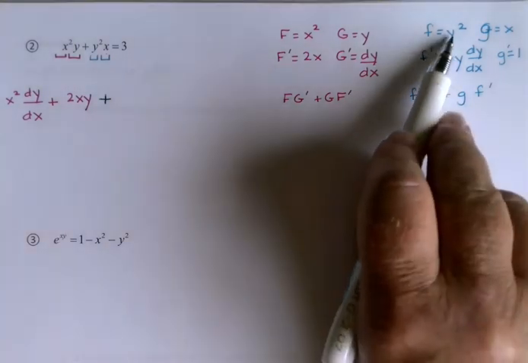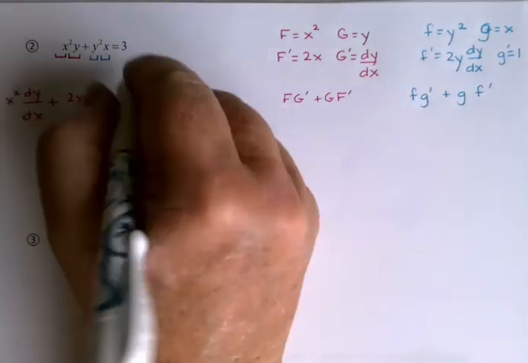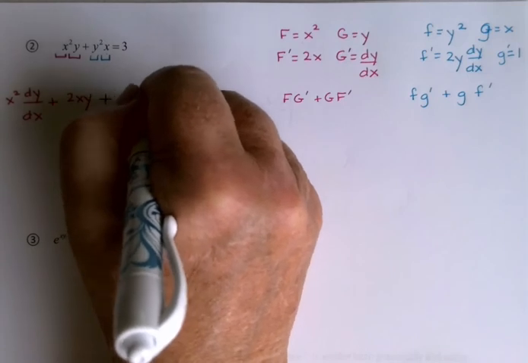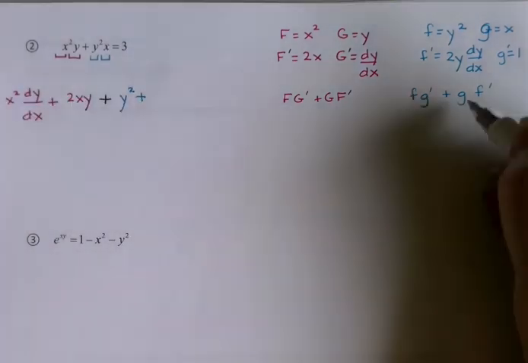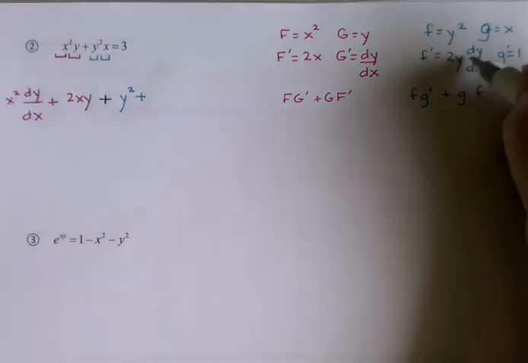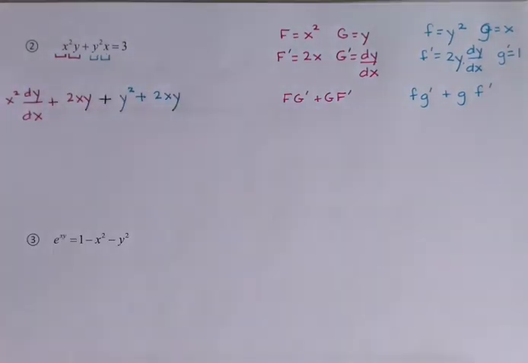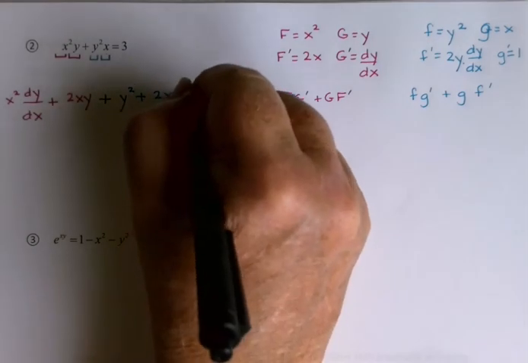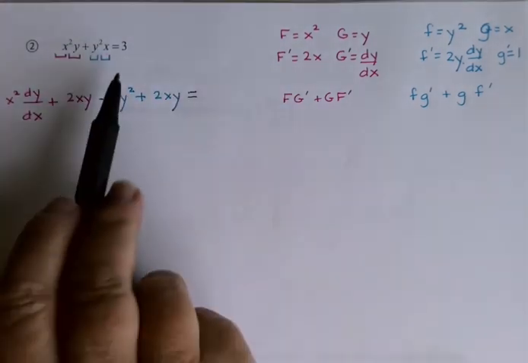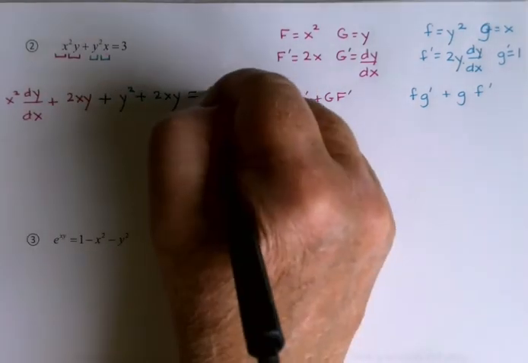So fg prime, y squared times 1 is just y squared, plus gf prime, 2xy. Equals the derivative of 3, which is 0.